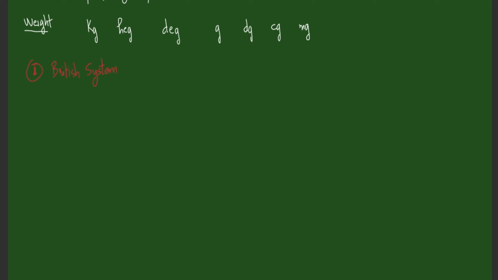In America, we use the British system because America used to be a colony of the British Empire. So old countries influenced by the British Empire use the British system. But the international system is more popular.